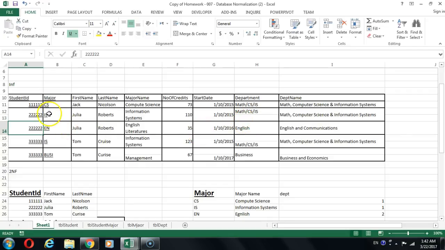So now I have to look at these two together and see if that is going to assure the uniqueness. Obviously, this piece and this piece together are going to assure the uniqueness for each entry. We should not have a student's ID with the same major more than once in a row, so therefore these two are going to be basically my primary key for entry.